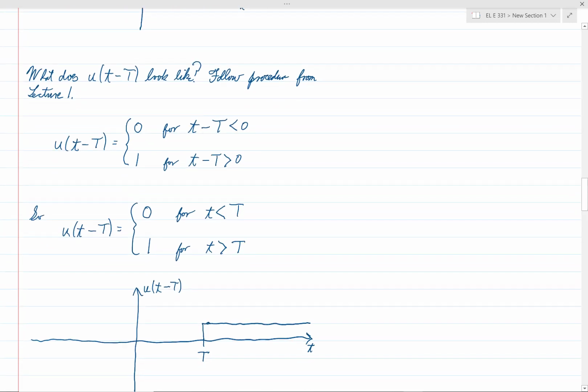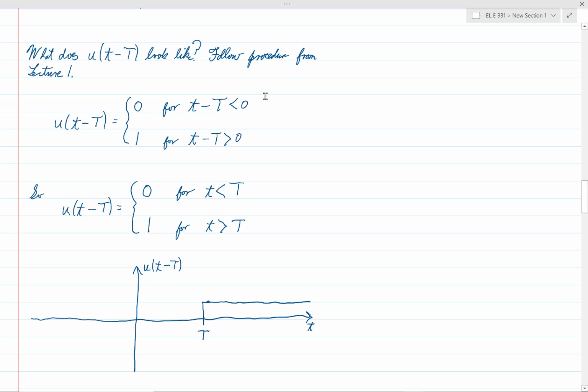And remember then, to finish this up, what we want to do is to have these restrictions expressed in terms of t, not in terms of t minus capital T, and we can easily get that by just adding capital T to each side of these two inequalities.